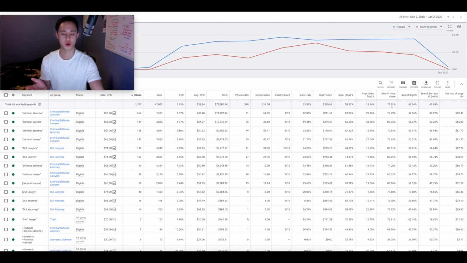But if you're in a niche where there's a high volume of searches, then you don't need to appear 100% of the time or a high percentage of the time, because there's such a high volume of searches. So keep that in mind. It really depends on what niche you're in.